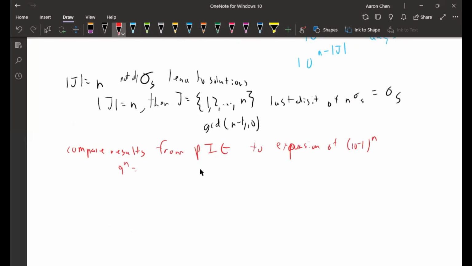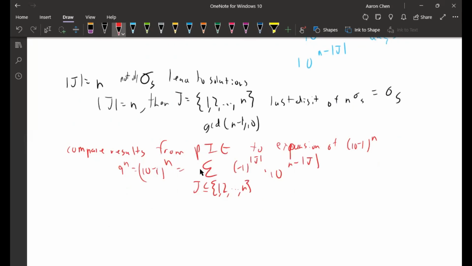The binomial theorem states that 9 to the n is the sum over all subsets of the first n positive integers of negative 1 to the power of the size of the subset times 10 to the power of n minus the size of the subset.